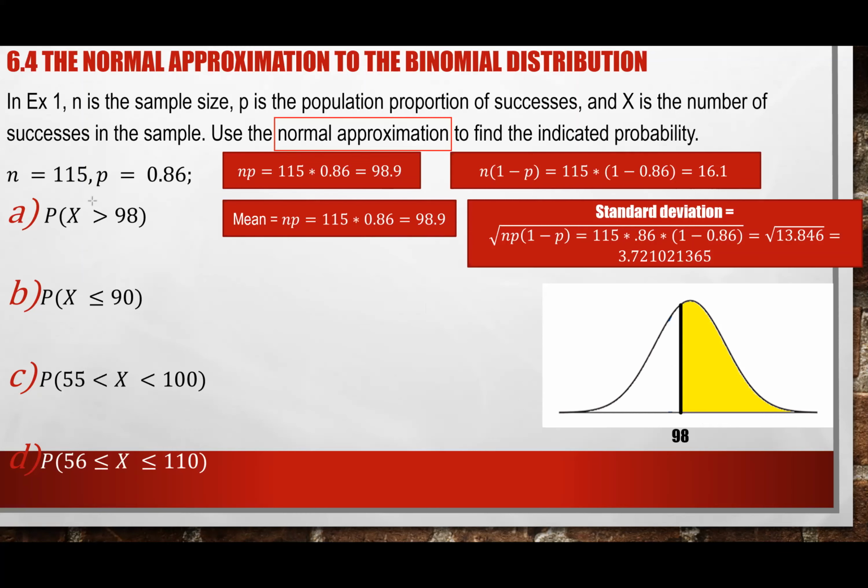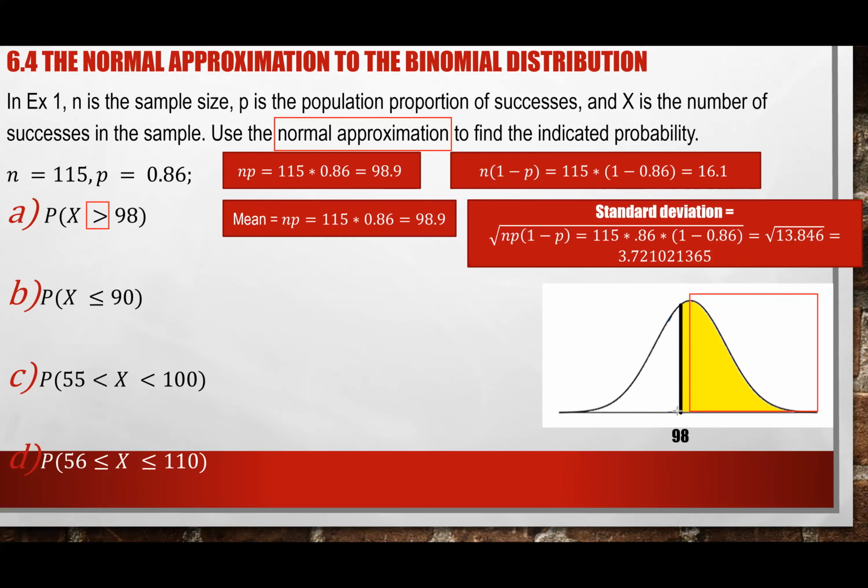As you can see, we are excluding the 98. So I cannot move it to the left, because if I move it to the left, I include 98. To exclude 98, I have to move it to the right.